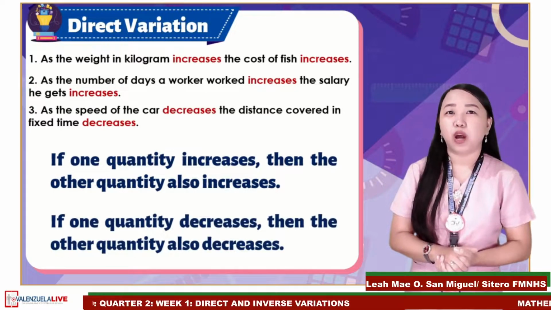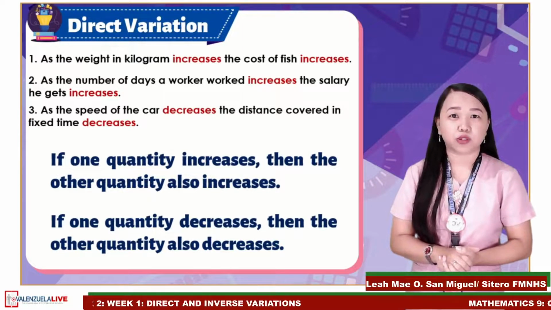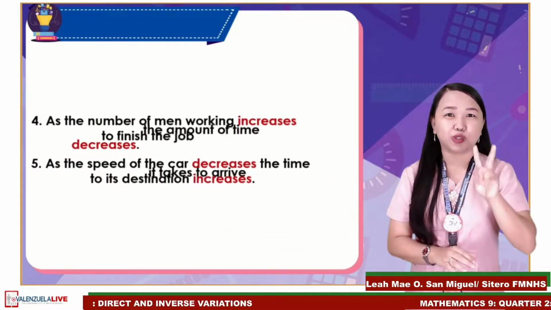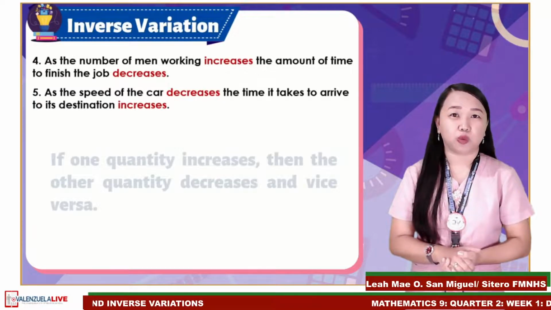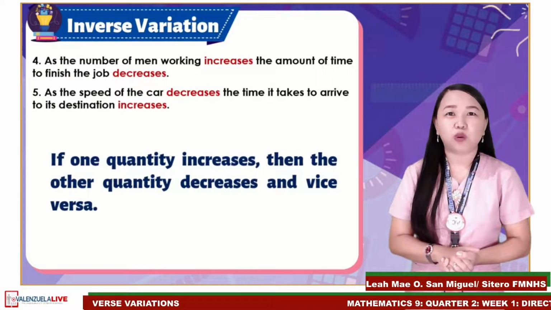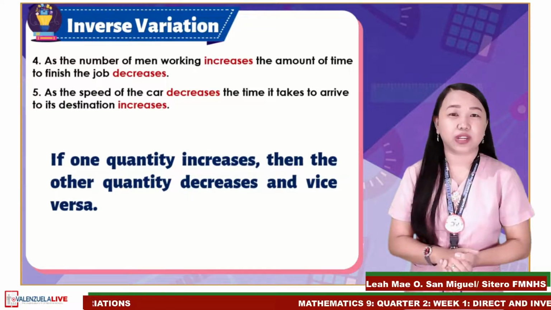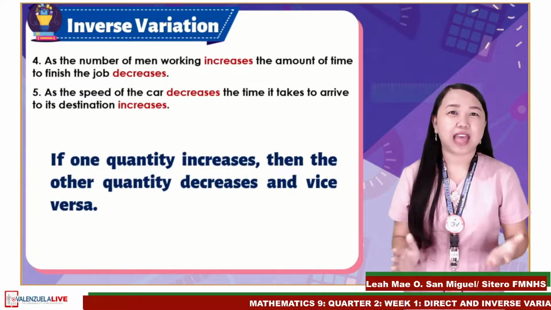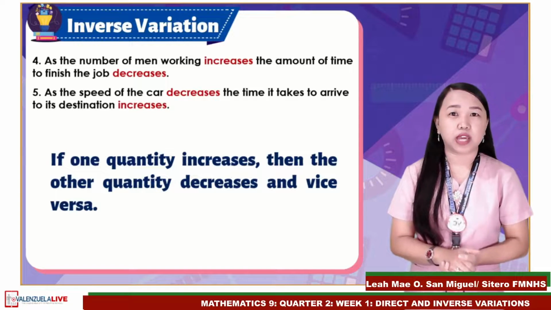Likewise, if one quantity decreases, then the other quantity also decreases. While the last two statements illustrate inverse variation, wherein if one quantity increases, then the other quantity decreases, and vice versa. Let's have a deeper discussion on these two kinds of variation.